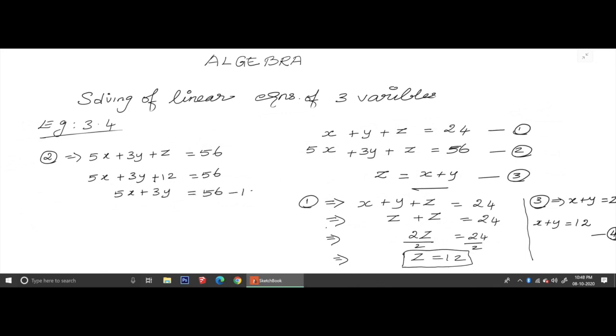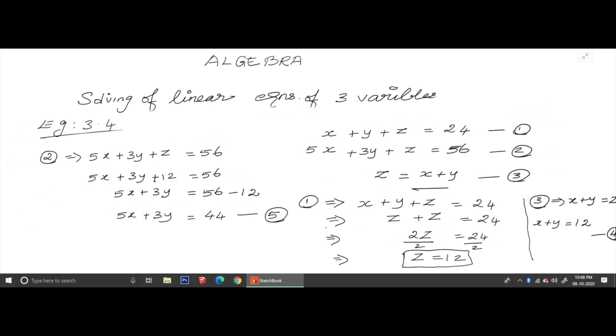And now 5x plus 3y is equal to, when you subtract, what do you get? 44. Are you getting it? Now this is the equation of two variables, isn't it? x and y. You can have it as equation number 5. Now you look at equation number 4. There also you are getting x and y, two variables.